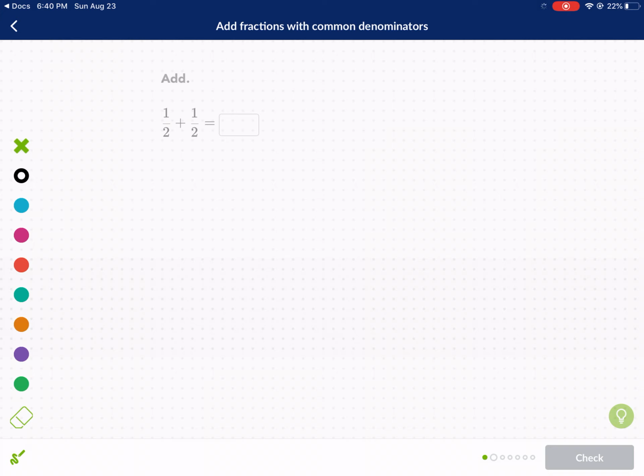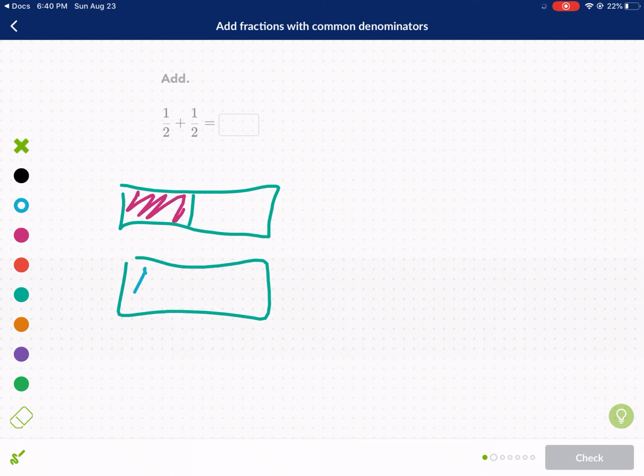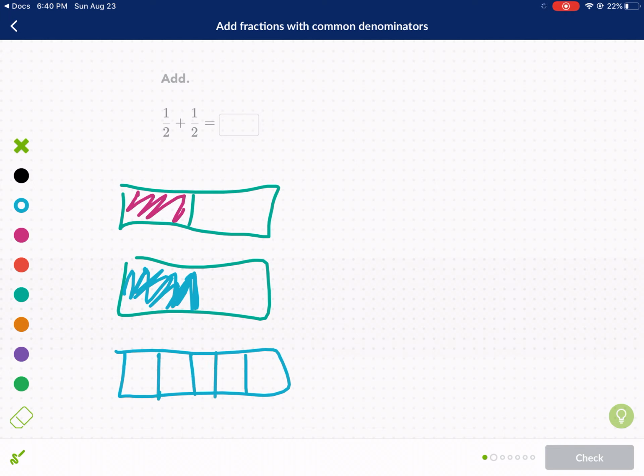Here we have 1/2 plus 1/2. Okay, so here we have 1/2. Here we have another half. Okay, there's the half. You get the idea. We can compare these because they're the same thing. We couldn't say that if this was divided into this many, I think that's 5. We couldn't say that that's the same thing.